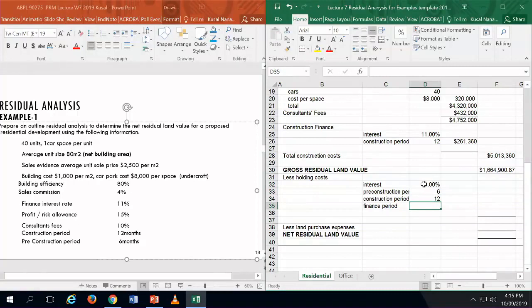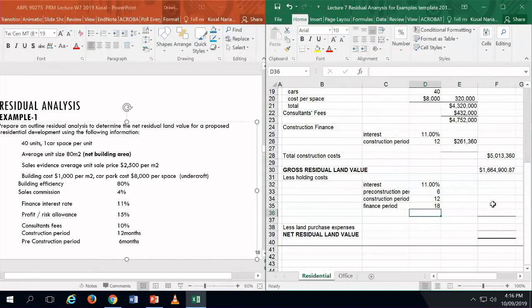So you buy the land from the beginning, and we have to pay the interest until we dispose of our development. We have to pay the interest for the pre-construction period and the construction period, and if there's any sales period, throughout the sales period too. So total finance period is 18 months.